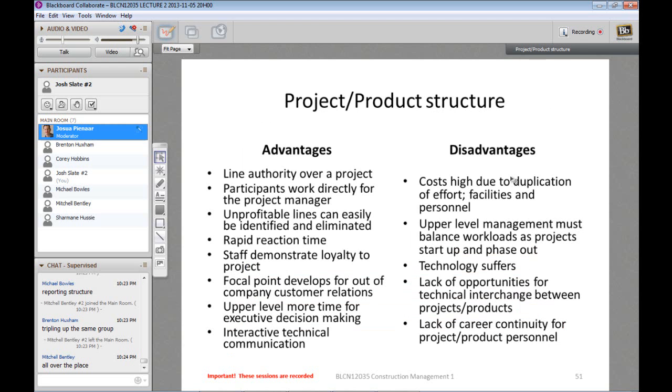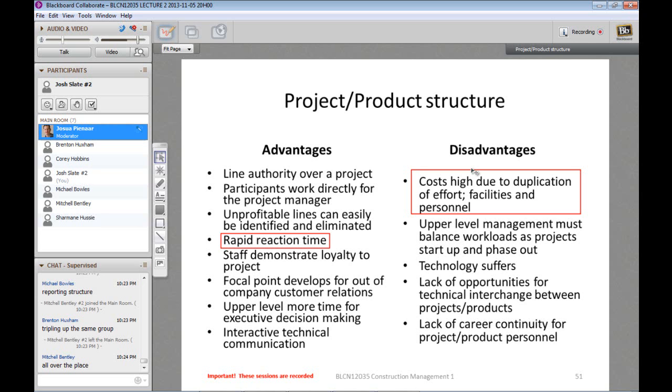All right. So if we look at the advantages and disadvantages, so yes, of course, there's going to be cost because we are duplicating all of those functions, and that's going to have an influence on our project cost at the end of the day. It makes it a little bit quicker. All right, so if we have those in-house resources in each of those divisions, it makes it a lot easier for us to respond because we just have it on tap.